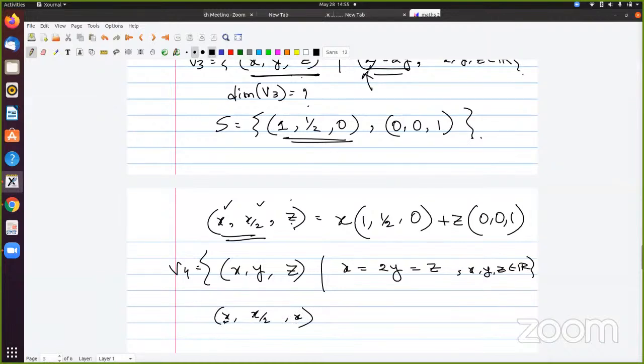So basically, one free variable is there, so one vector is enough. Using this one vector, I can span the whole space. So, sir, basically the number of elements in a vector is equal to the number of elements that are independent to span it, right?